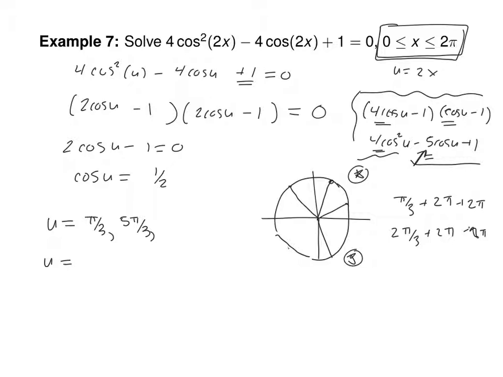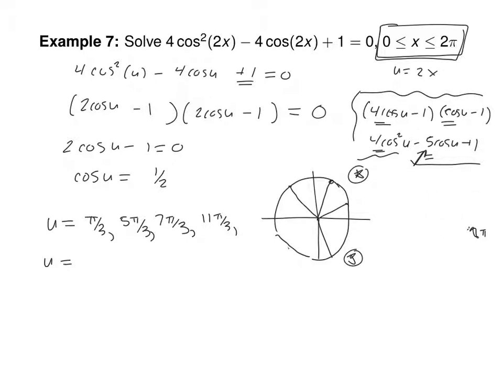The next one still is 7 pi thirds, right? And then after that, you'll have 11 pi thirds. What would pi thirds plus 2 pi twice have been?